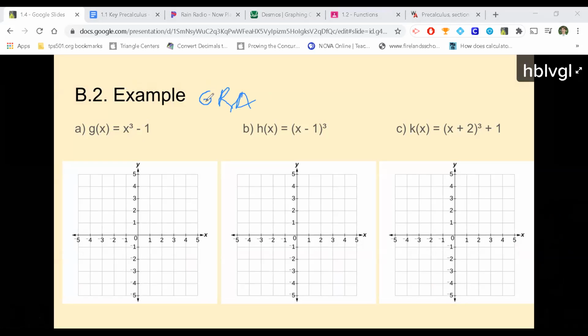Of course, you could do it with a calculator, or by point plotting, but I could do it without one because I know that a cubic function looks like this.